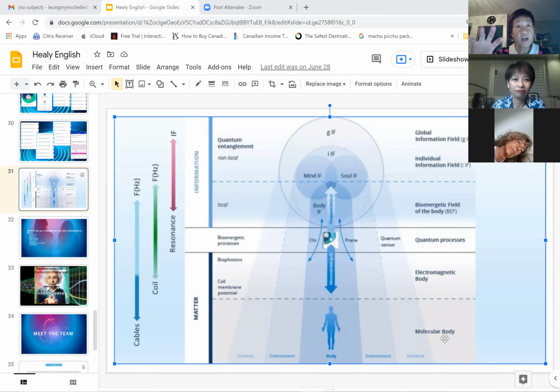So we know healthy cells have a cell membrane potential between -60 to -90 millivolts. As it deteriorates, the membrane potential becomes closer to zero.